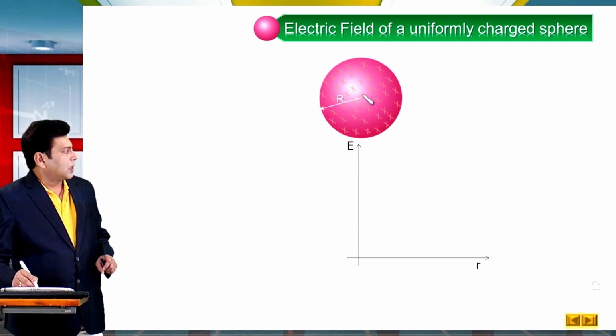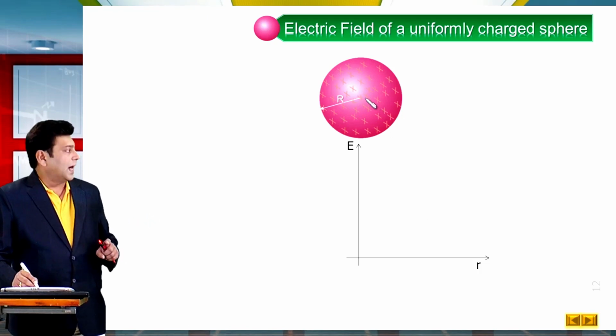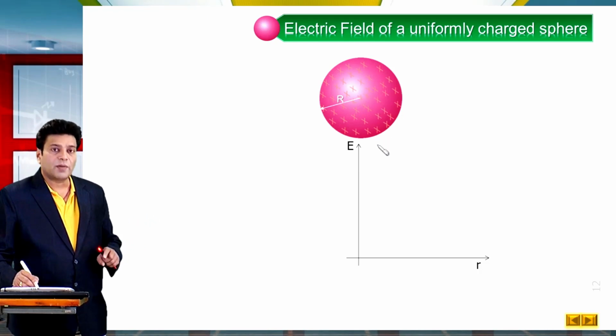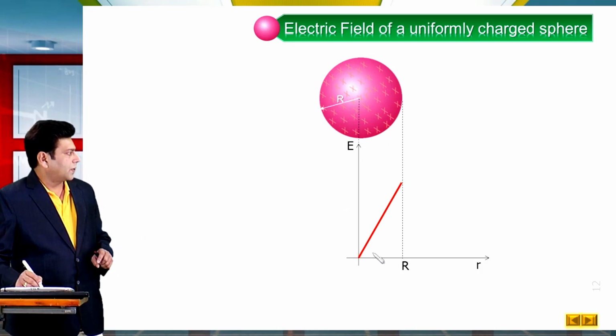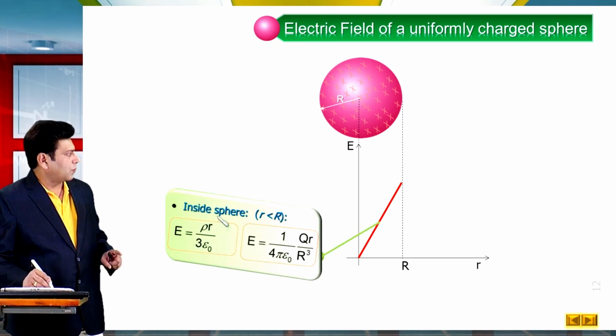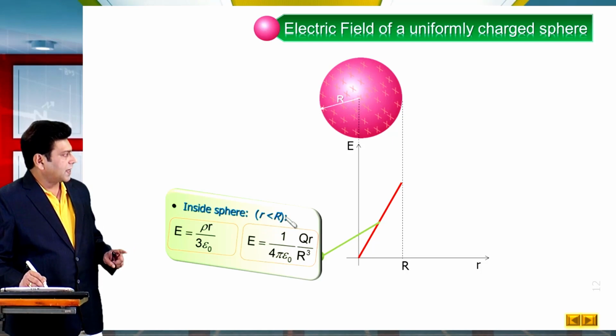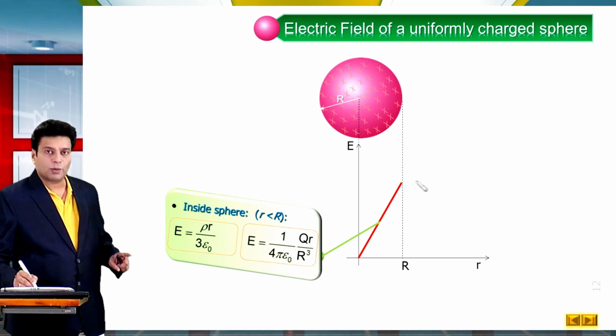And we know the electric field at the center of the sphere was 0, and inside it is having the linear variation. First draw the value for inside. This is the linear variation, and at this point this value is maximum. So we can write here inside the sphere, small r is less than capital R.